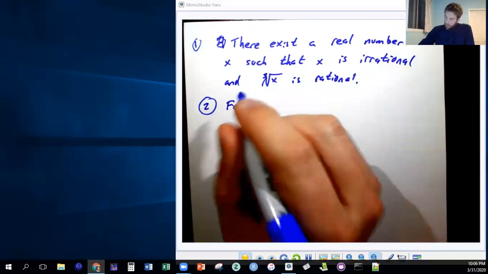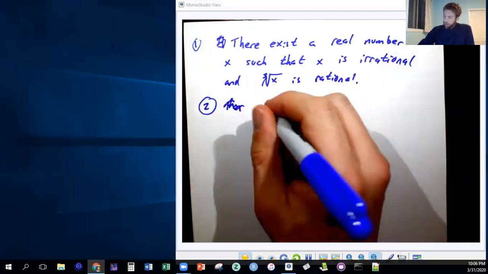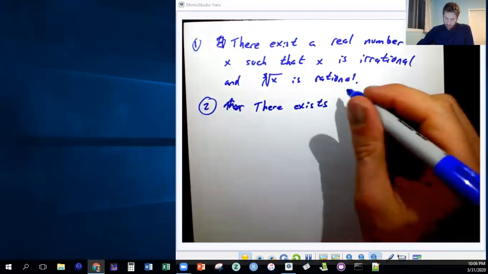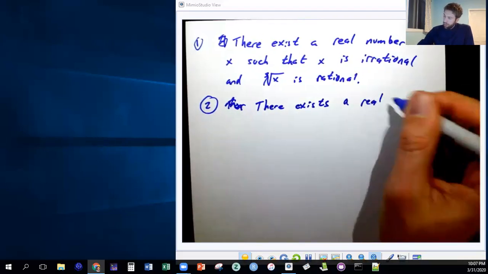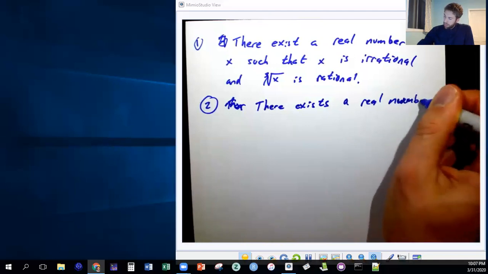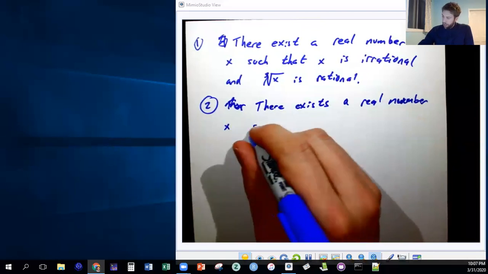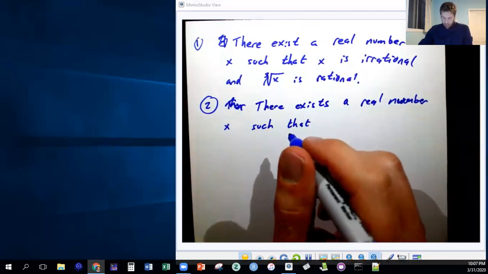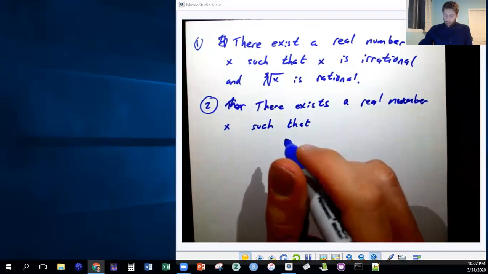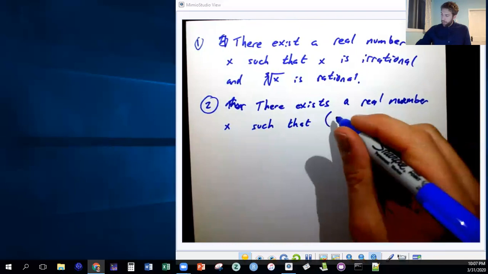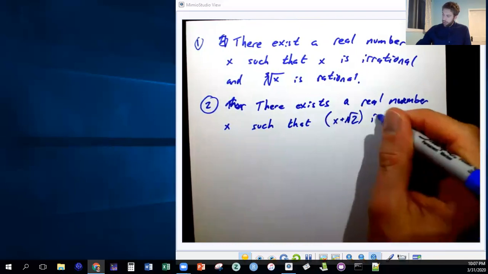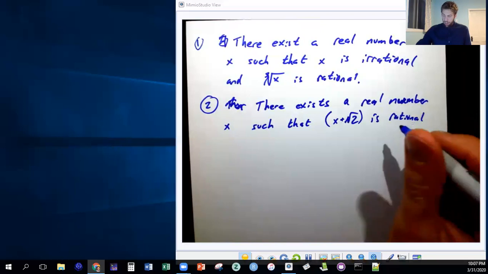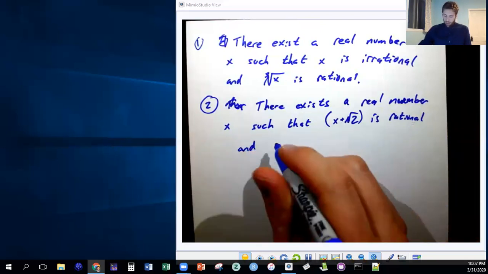All right, so then negating it, instead of for each, there exists a real number x such that, here I've got an or, so that means we use De Morgan's law: x plus square root of 2 is rational, so the or turns into an and, x minus square root of 2 is rational.